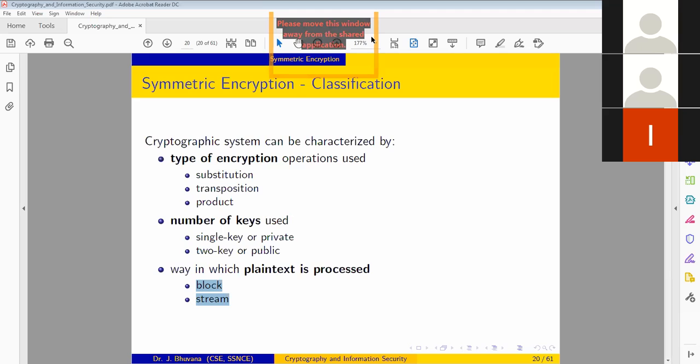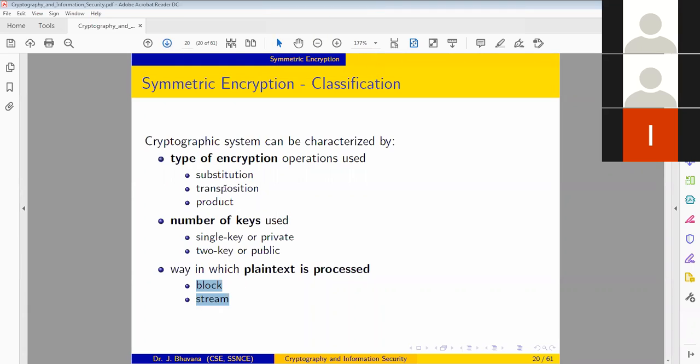All these are one and the same: single key, symmetric and private, and two key, asymmetric and public key encryption techniques. And with respect to how I treat the input message, in terms of blocks it is called a block cipher, in terms of stream it is called a stream cipher.